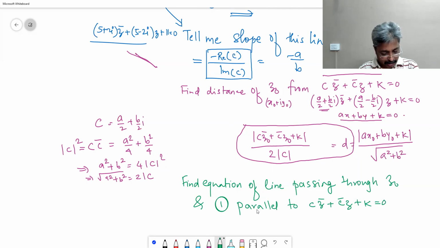Write down the equation of the parallel line.